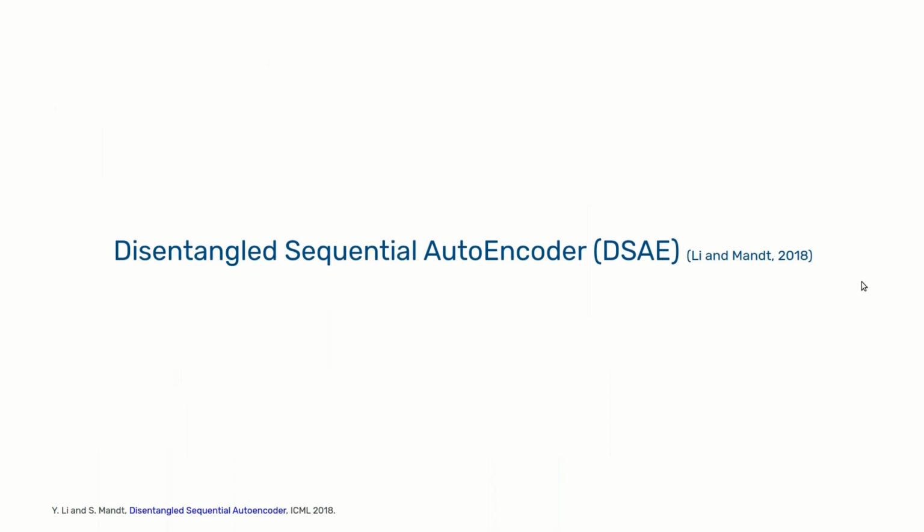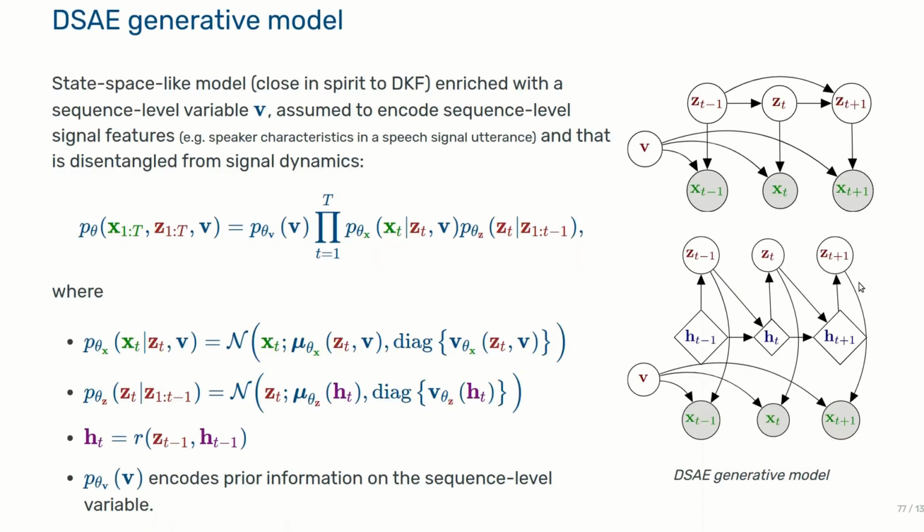The next model we would like to discuss is the disentangled sequential autoencoder that was presented at ICML in 2018.